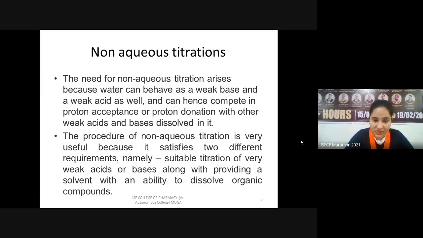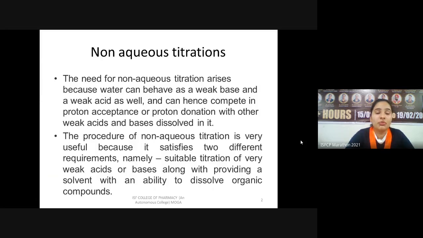The first purpose is that we can easily perform the titration of compounds which are weak acids or bases. Along with that, the non-aqueous solvent also acts as an organic solvent. These are the two important requirements satisfied by non-aqueous titrations.